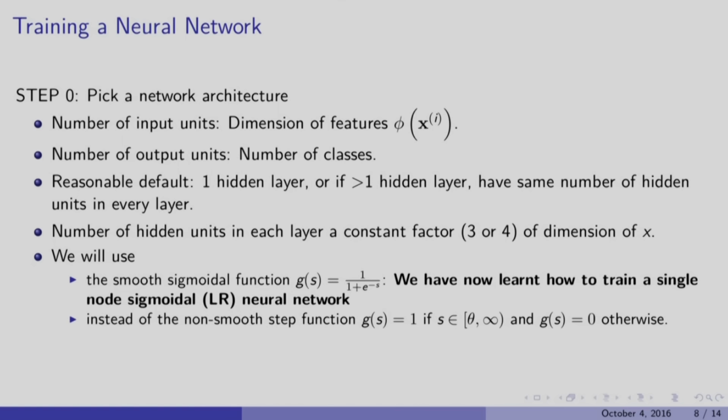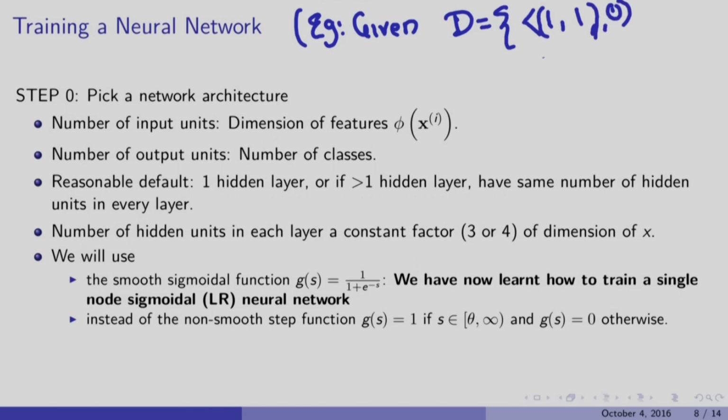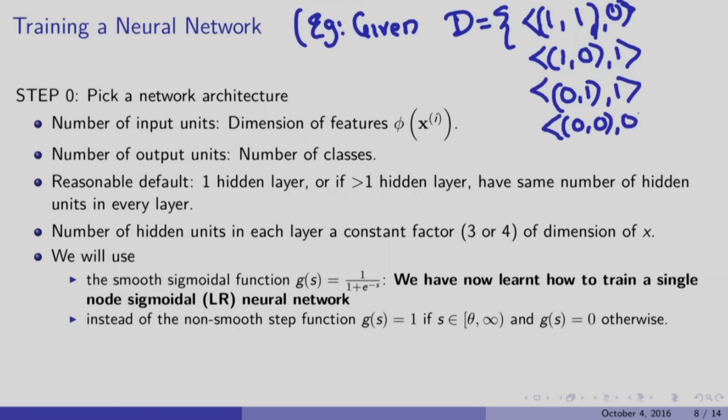How do you train such a neural network? How would you obtain the weights of the XOR? So given data D, let us say the data is of the form 1, 1, 0, and this is what you would have for a XOR: 1, 0, 1, 0, 1, 1 and 0, 0, 0.